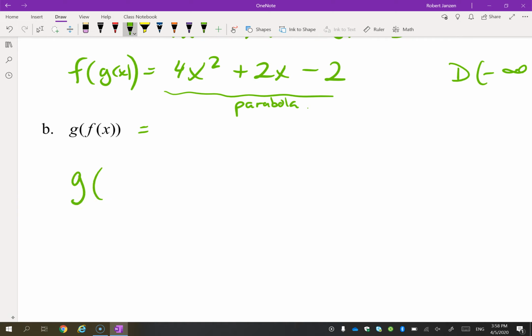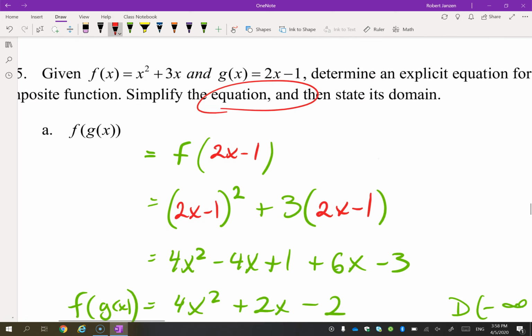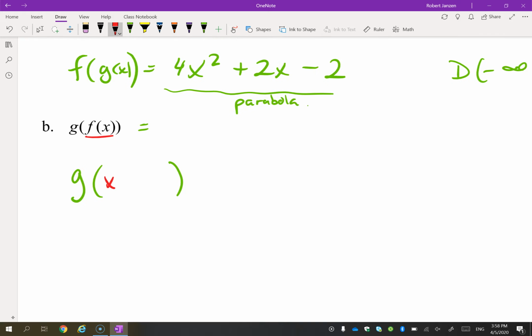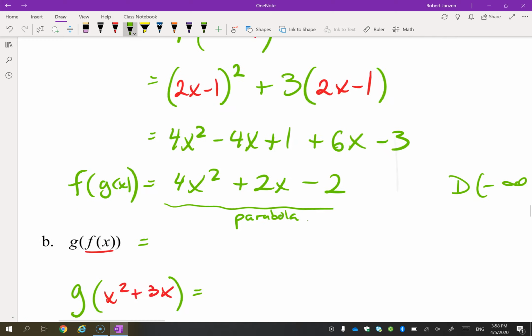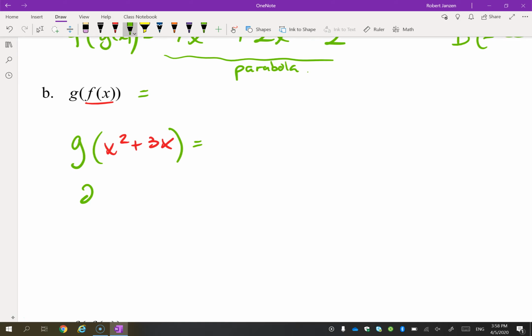So, g of f of x. What is f of x? F of x is x squared plus 3x. And so now we're going to put it in g of x. G of x is 2x minus 1. But instead of x, I'm going to put x squared plus 3x.